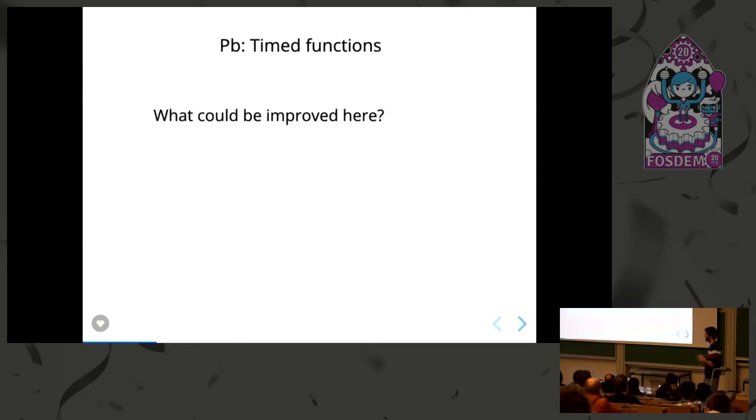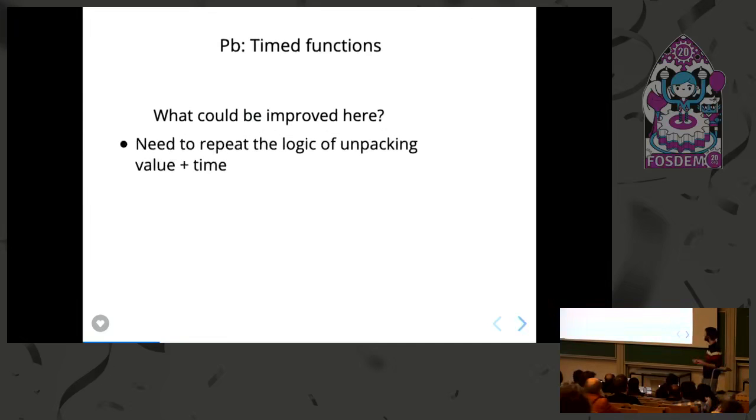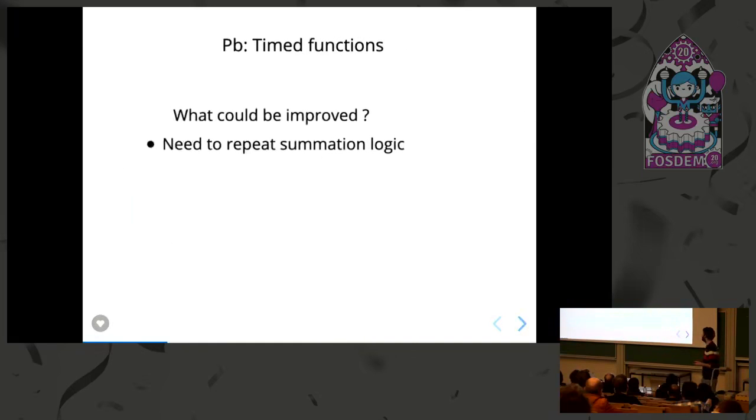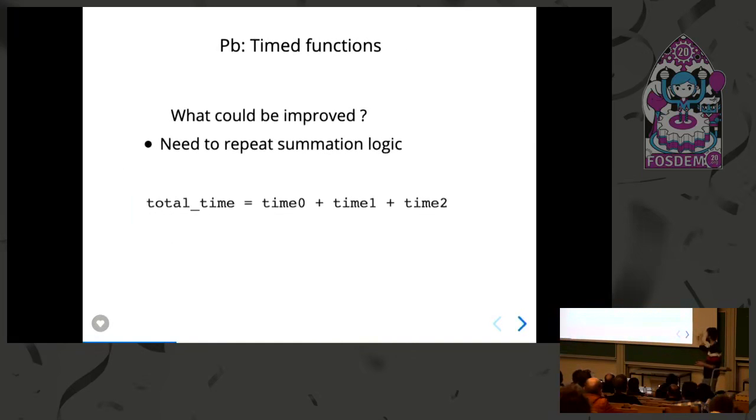So there are some things which could be improved. First, we need to repeat the logic of unpacking the value and time at each step of the computation. And as programmers, we don't like repeating things. There's something else which we need to repeat. We need to repeat the summation. In this case, we need to sum twice.